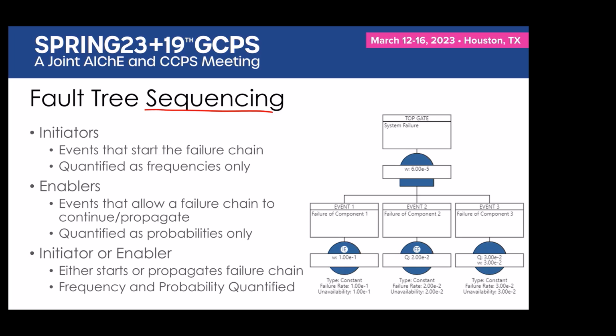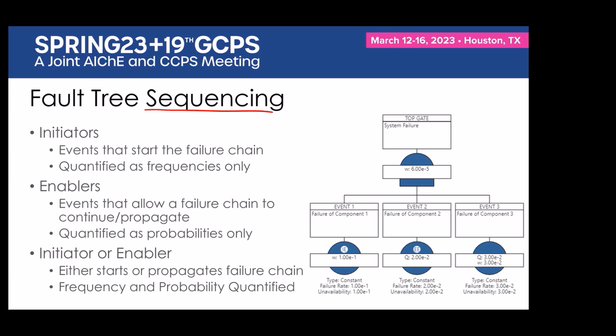Fault tree analysis will also allow you to do sequencing, and it does a lot of this sequencing for you automatically. Now, what you may or may not appreciate about LOPA is that it has built-in sequencing. The initiating event is an initiator, and then the protection layers, or more correctly, the failure of the protection layers, are enablers.